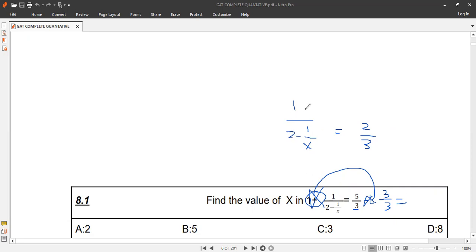It becomes 2 minus 1 over x over 1 equals 3 over 2. Now, the same way, we take 1 over x to the other part, and we bring 3 over 2 to this part, because I want to isolate x. So in this part, you will have 1 over x.